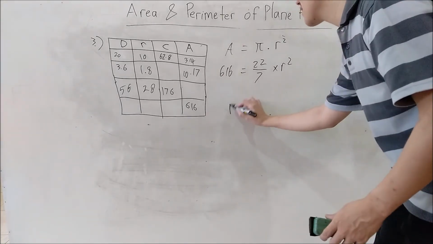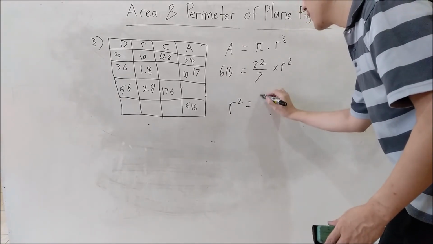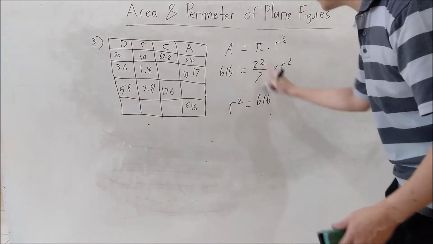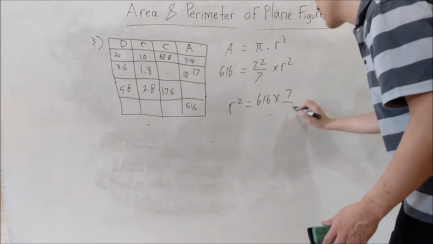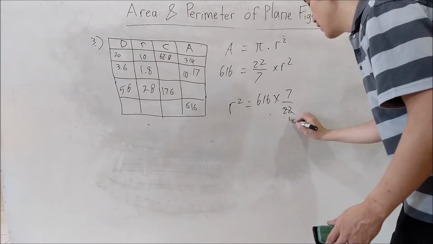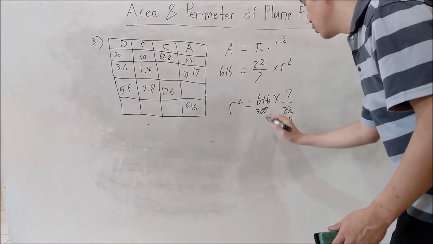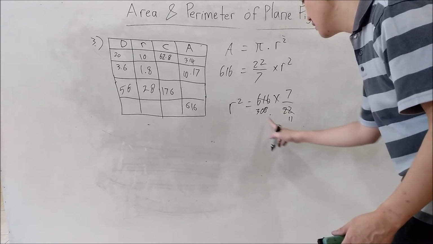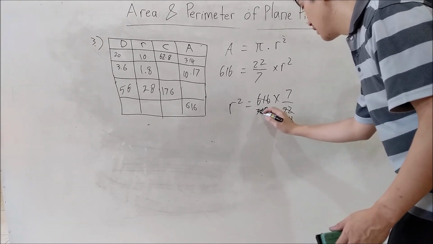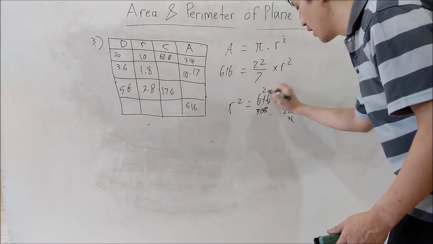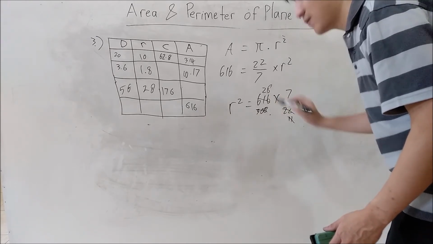So I had this r square equals to 616 divided by this, so I will just do times 7/22. You divide this with 2, this is 308. Can you divide this with 11? Yes, you can. You divide with 11, you get 28 in here.